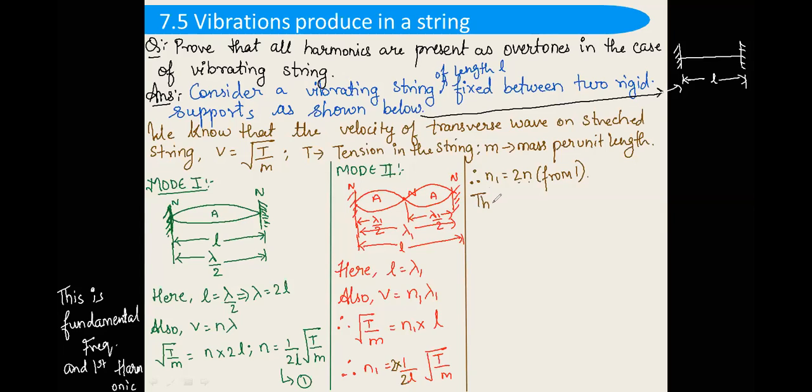So this is the second harmonic, that is the second harmonic. This number indicates the overtone, the first overtone. So second harmonic and first overtone. Case 1 is the fundamental frequency, and overtones are numbered after the fundamental frequency. So this is case 2, and case 2 will be called the first overtone. Okay.